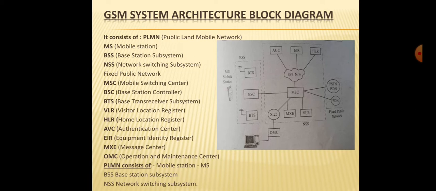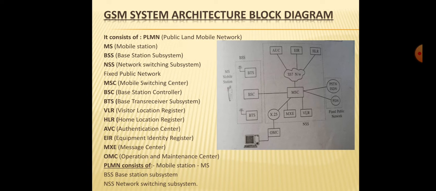SIM is a smart card inserted in the handset. It is protected by PIN, personal identification number, that is a password. SIM contains IMSI, and to identify the handset hardware uniquely, IMEI is used, which is the number given by the manufacturer. That is the IMEI number you will be having for each handset.